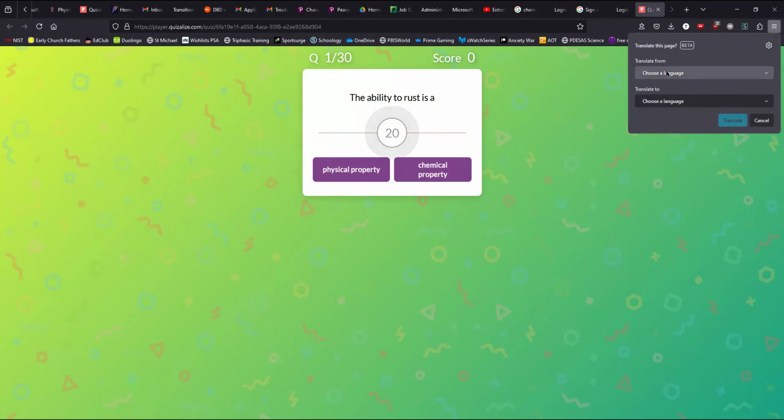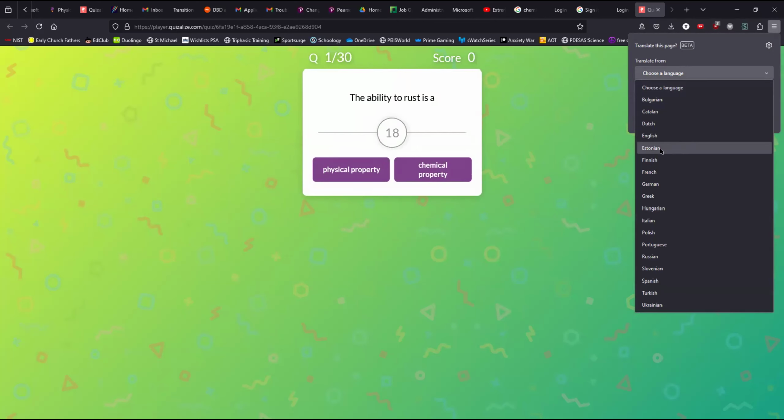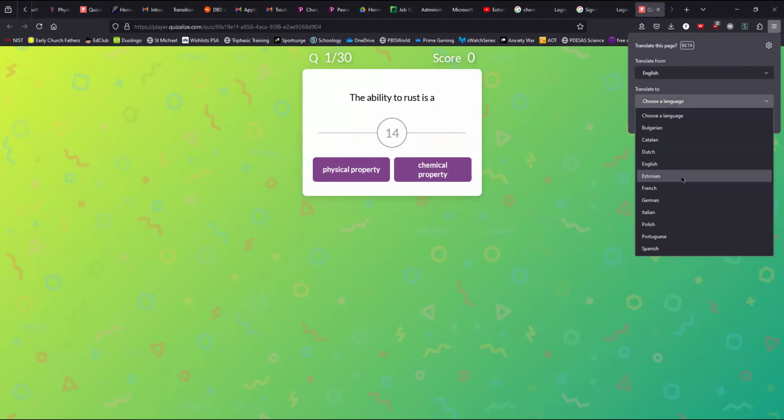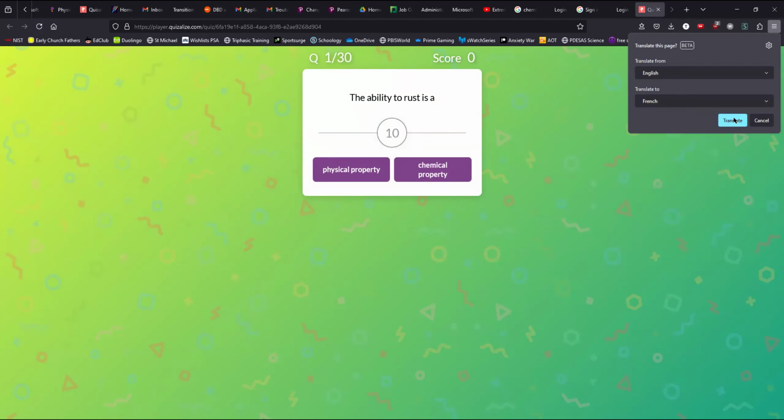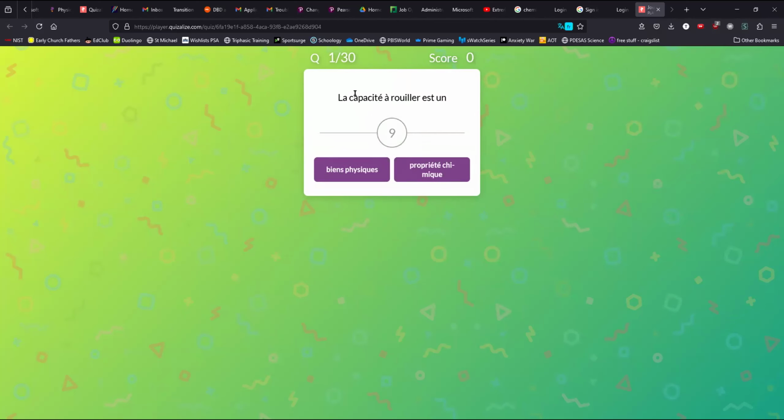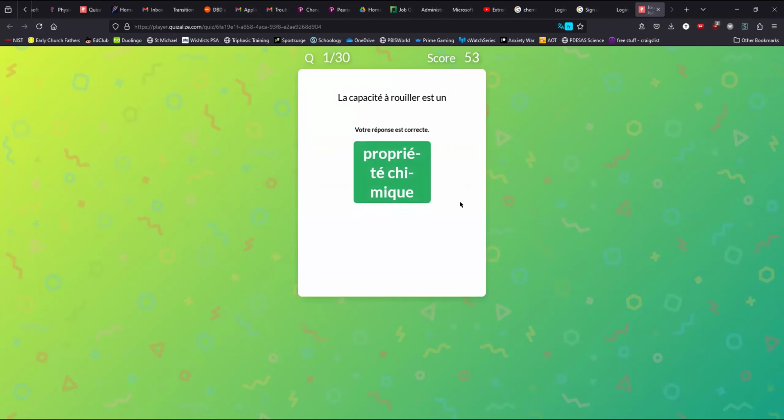If you're having trouble understanding what's going on, then what you can do is select translate from English and pick whatever language you want. So let's just say maybe French. You hit translate, and the really cool thing is you can now see it in a different language. So you can figure out what it's saying if you're having trouble and answer these questions.